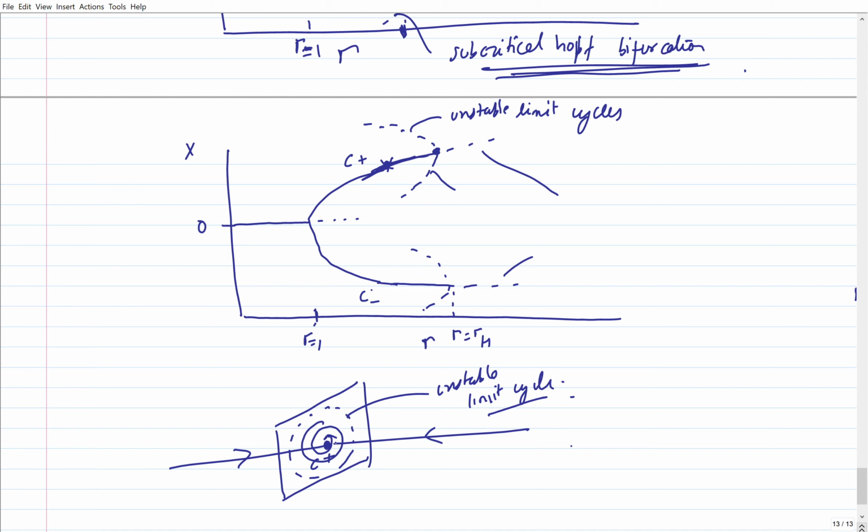Now as the parameter increases to rH, this unstable limit cycle shrinks and collides with this point, makes this point unstable, and then there's a question mark. There is no stable attractor anywhere, and we'll come to know that the trajectory immediately jumps onto the strange attractor or the fractal.